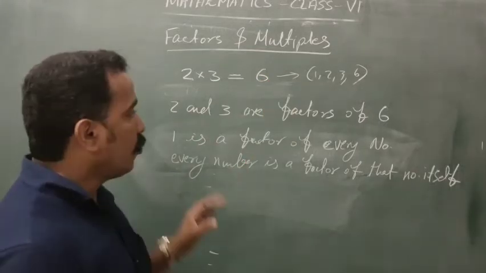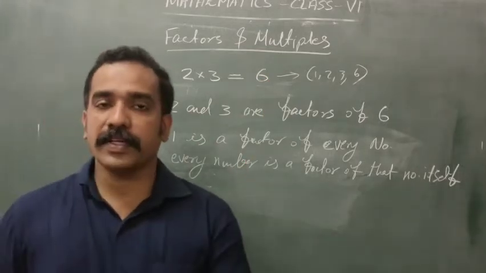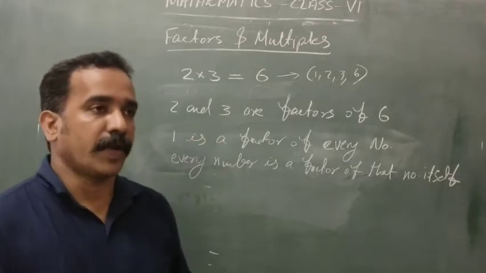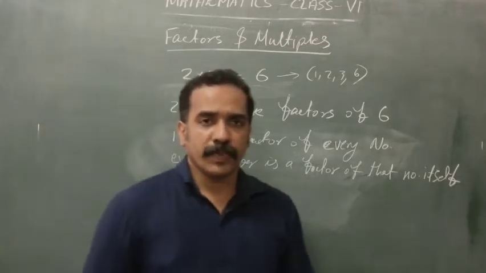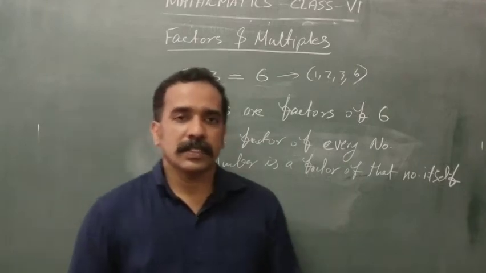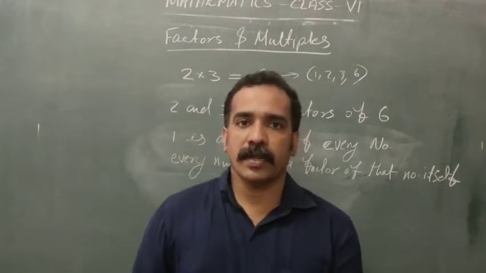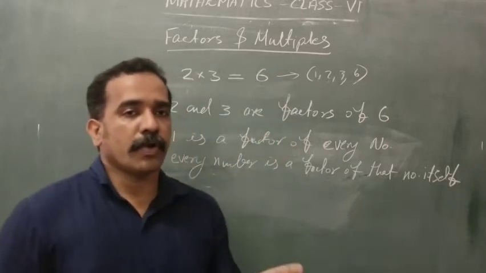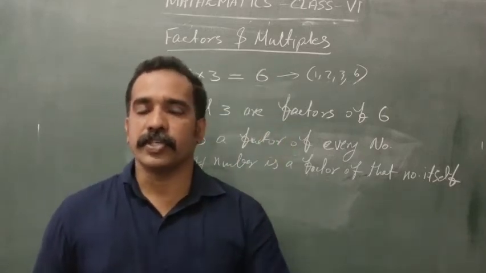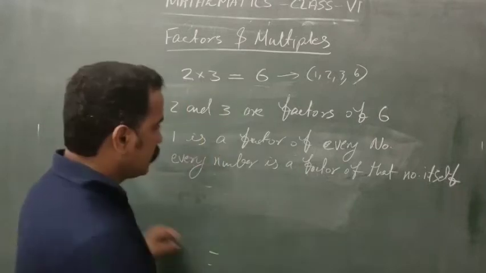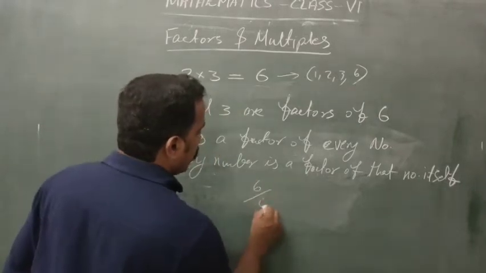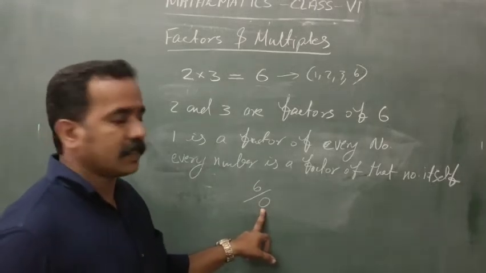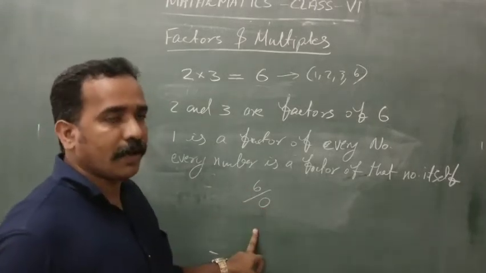So another thing about the factors, when we are talking about factors, 0 is not a factor of any number, because you cannot divide any number by 0. 6 you cannot divide by 0. 6 divided by 0 is not defined. Nobody knows what is the value of this.